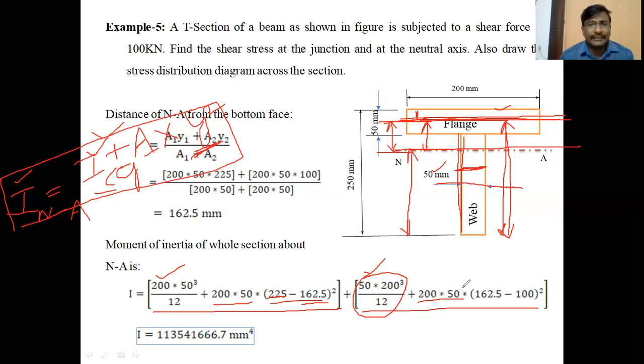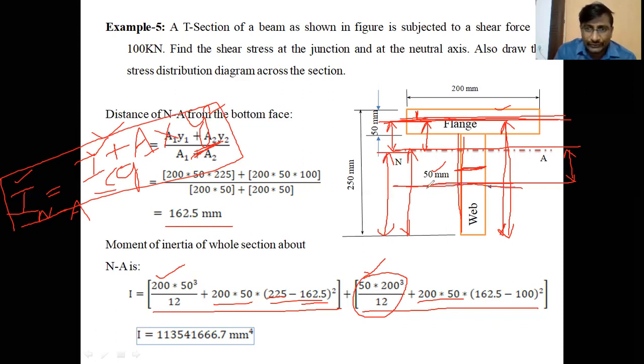What is y square here? Here y square means the distance between two axes. What are those two axes? The center of gravity of the web and the neutral axis. This is the distance between two axes. So how to get this distance? The distance of the neutral axis from the bottom face is 162.5. Already we calculated it.